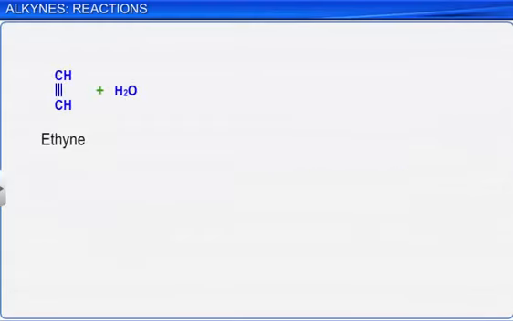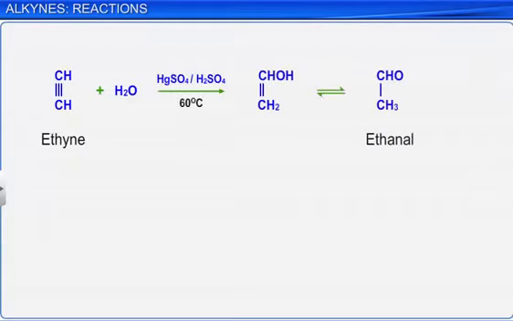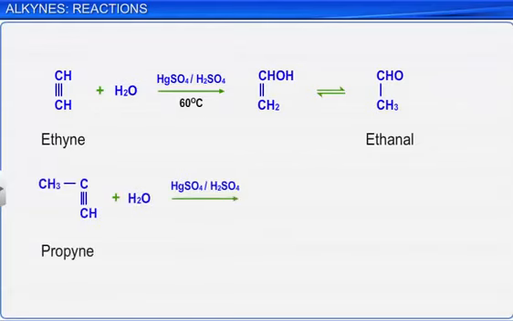For example, ethyne reacts with a water molecule in the presence of dilute sulfuric acid and mercuric sulfate at 60 degrees Celsius to give ethanol. Similarly, propyne reacts to give propanone.